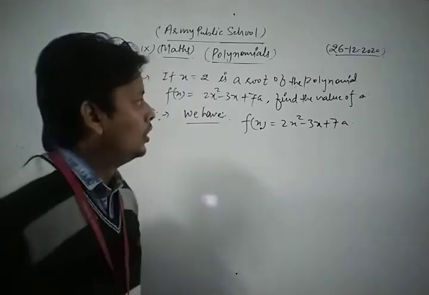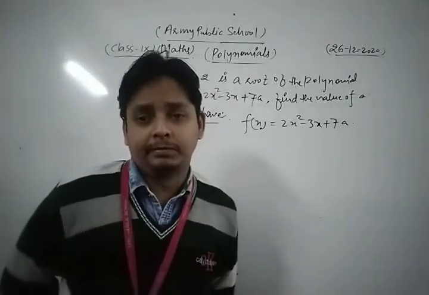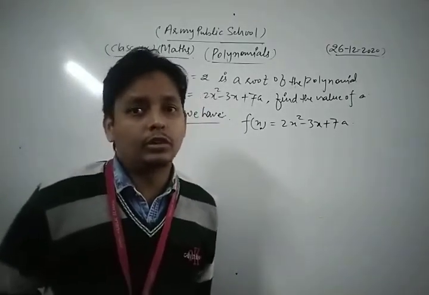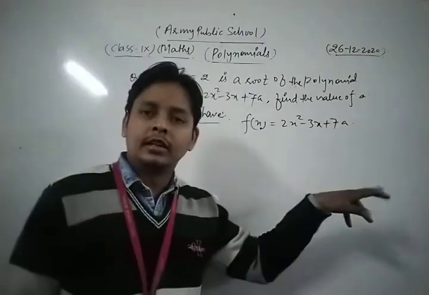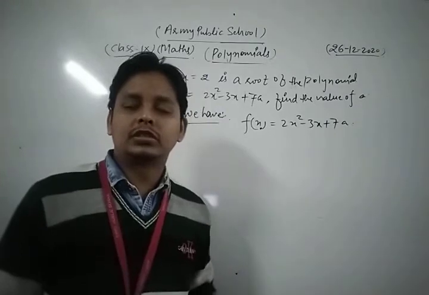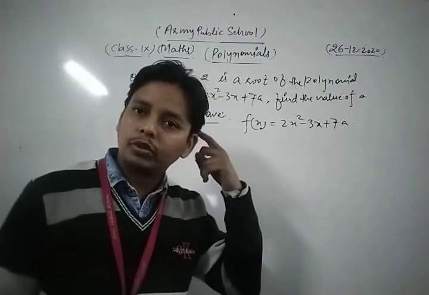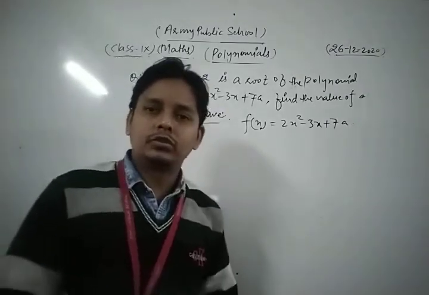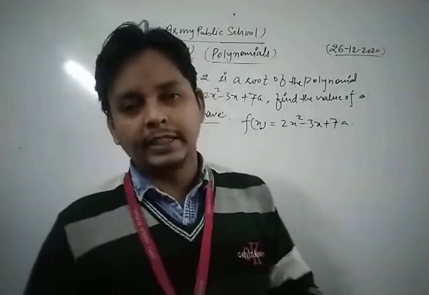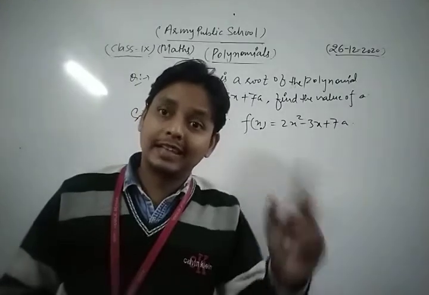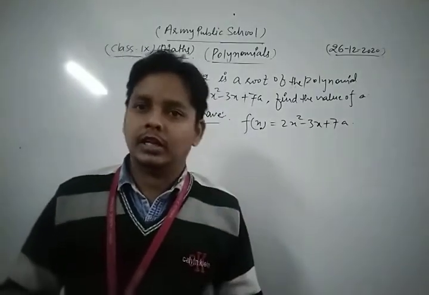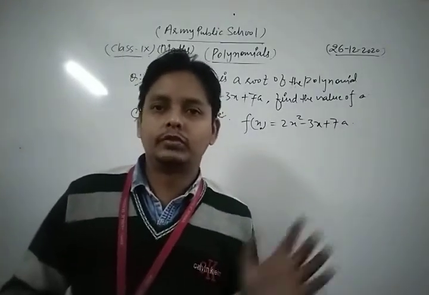Now we find the value of a. Since x is equal to 2 is the root of the given polynomial, as I just discussed about the concept of roots and zeros, if any value is the root or zero of the given polynomial, then the value of the polynomial at that point becomes what? 0. This is the concept of zero of the polynomial.